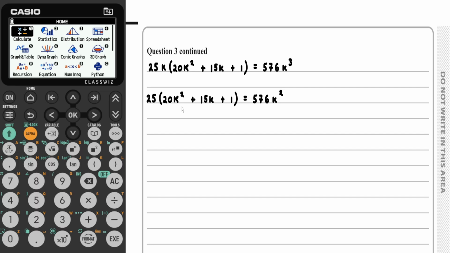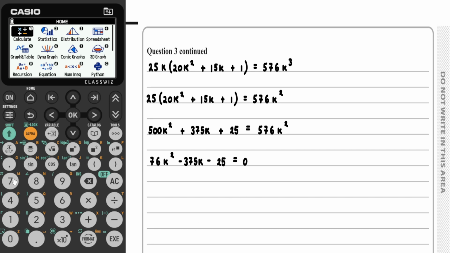So now if I multiply 25 by this bracket, we have 500k squared plus 375k plus 25 equals 576k squared. So I have 76k squared subtract 375k subtract 25 equals 0.